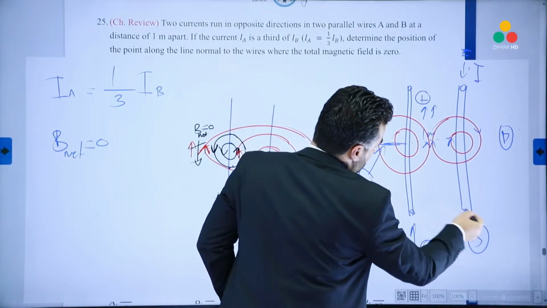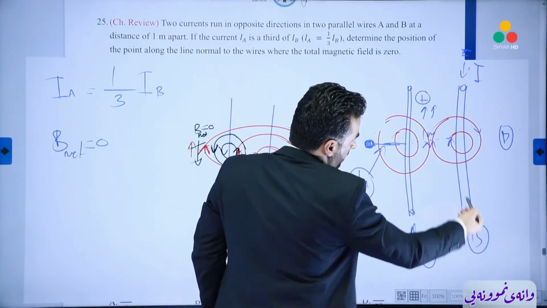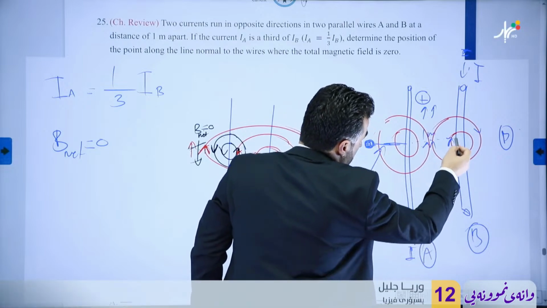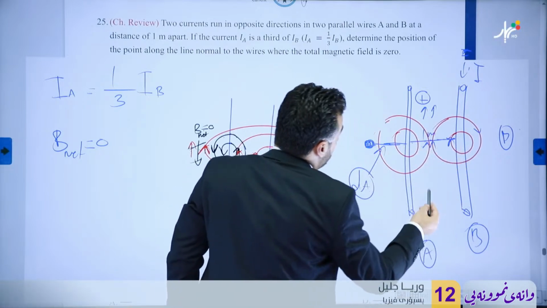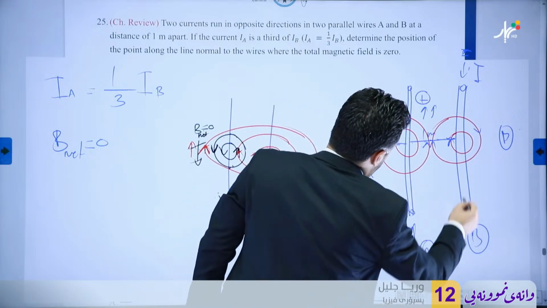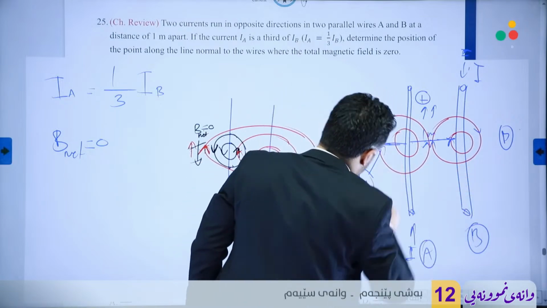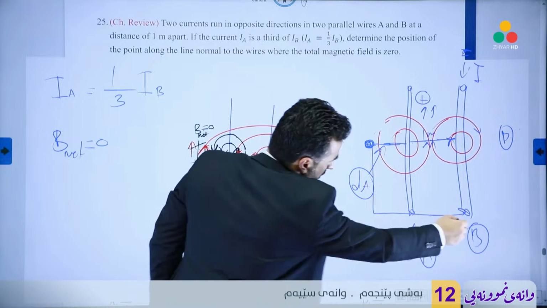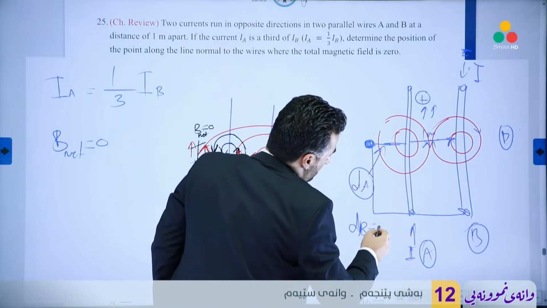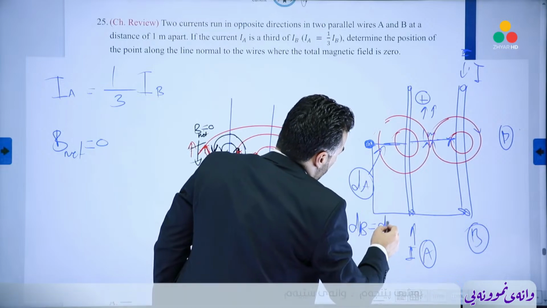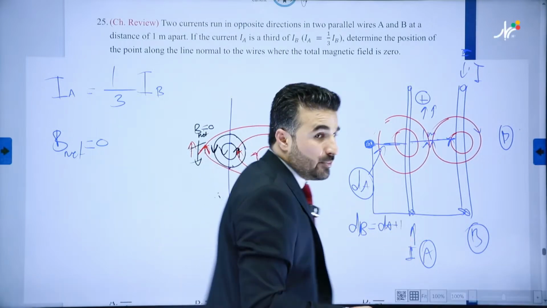Now, what about the distance from wire B? Okay? We don't know this distance, but we do know that the distance between these two wires is basically 1 meter. So can I say dB here? How can I do this? So let's say the distance from this point all the way to B here, I can say dB equals dA plus 1. Why dA plus 1?